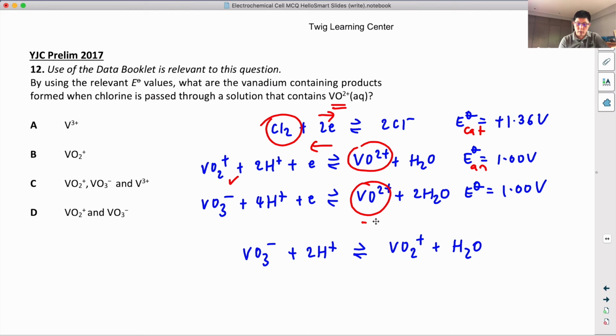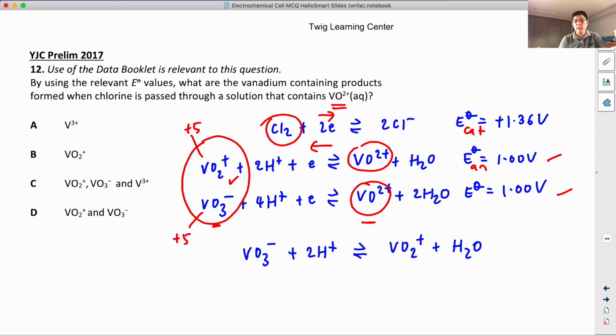At the same time, if you look carefully, this will also become this. Can you see that? So it's also feasible. In fact, both of them are 1 volt. So you will actually end up getting both of them. But this question didn't tell you whether the medium is very acidic or alkaline. Maybe you can take note of this. In both of them, the vanadium has a +5 oxidation state.